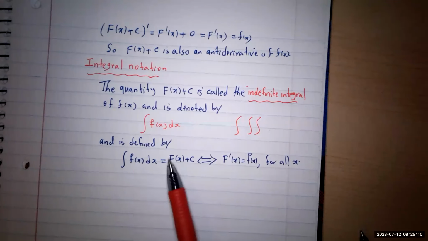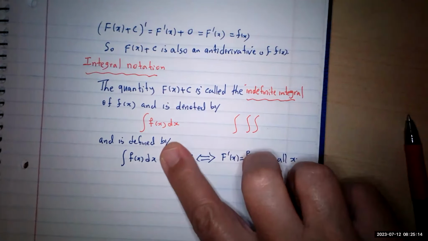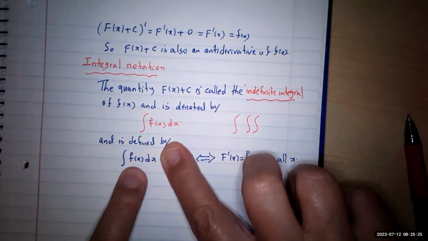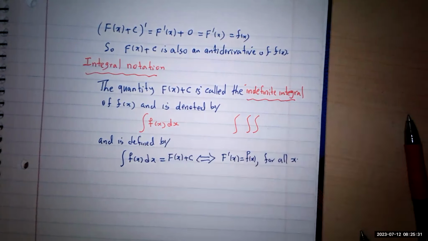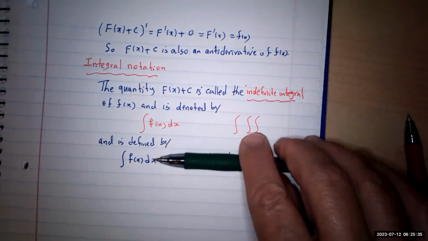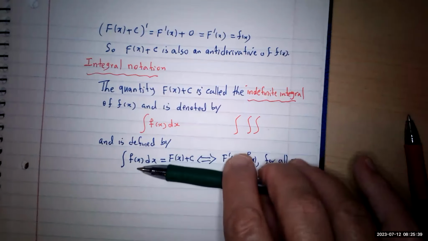So when this is given to you, this means I would like to find a function whose derivative is f of x. That's the meaning of this quantity so far. Antiderivative, not the derivative.